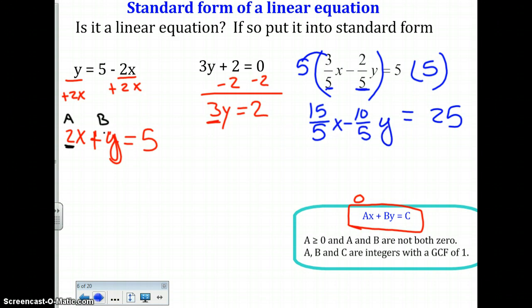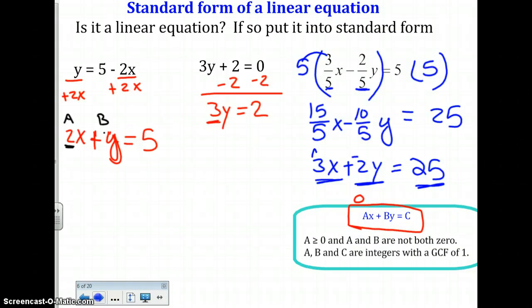If we simplify that, that's 3x minus 2y equals 25. And now we're in the form of ax plus by equals c. This happens to be minus 2y, but that's plus negative 2y if you'd like to think of it that way, equals 25. So 3 would be our a, negative 2 would be our b, c would be 25, and we're in the form that we need.